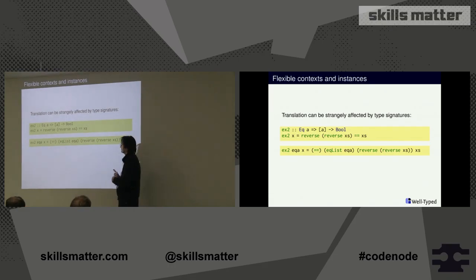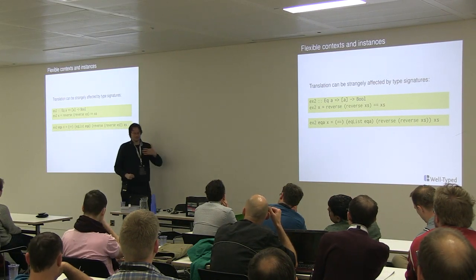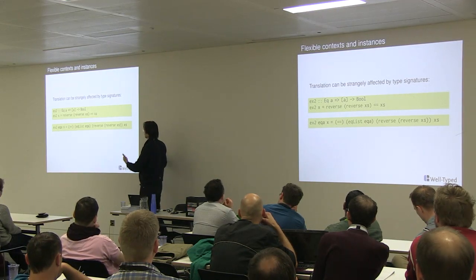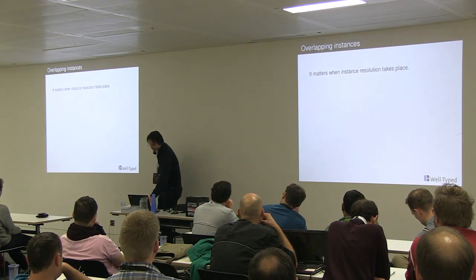So it's really very nice to be in a situation where you don't have overlapping instances and don't have to worry about when you do these class reductions. But as soon as you have things like flexible contexts and overlapping instances, things become much more complicated, unfortunately.